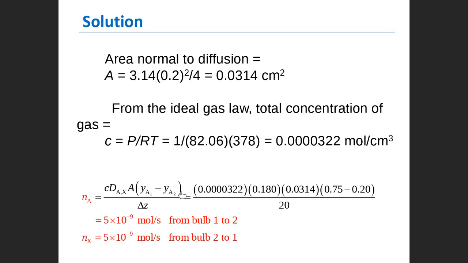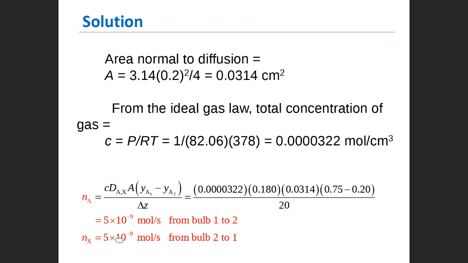If you put all the numbers here now, you will find the mole rate, which is 5 to the power minus 9, from argon moving from bulb 1 to bulb 2. So that's the direction and that's the rate. What about the other gas, which is xenon?